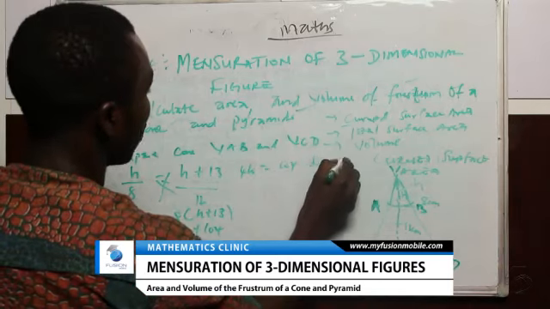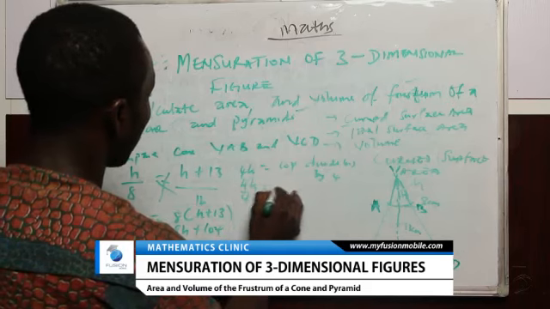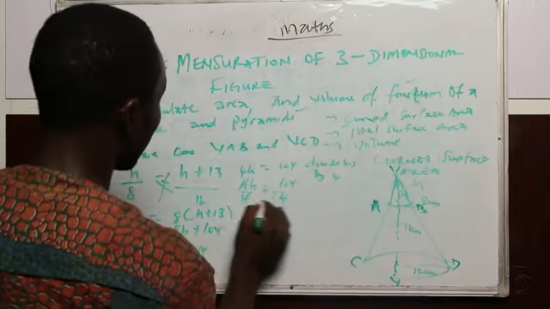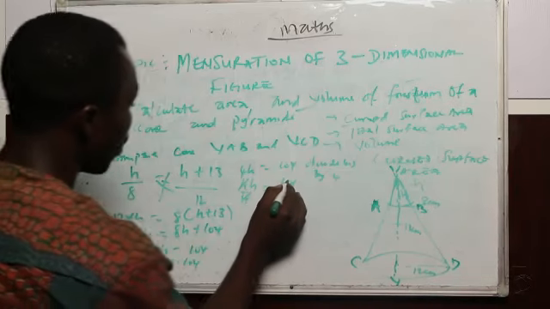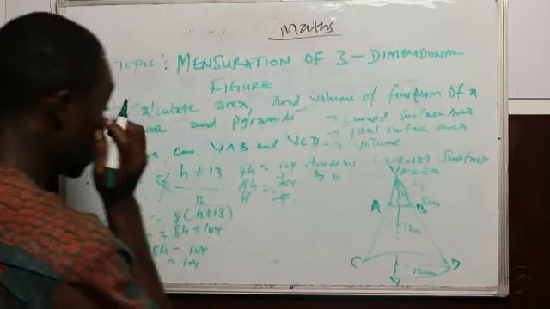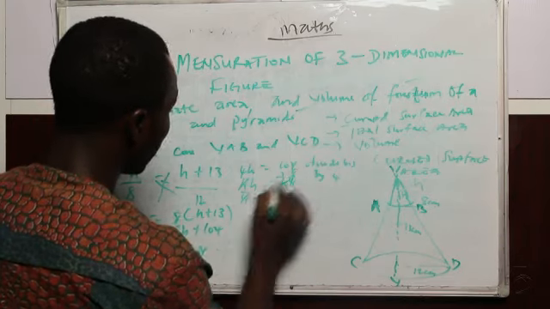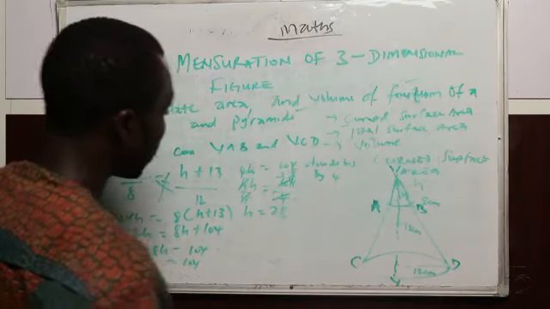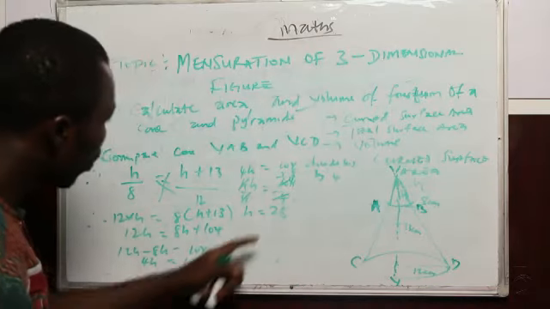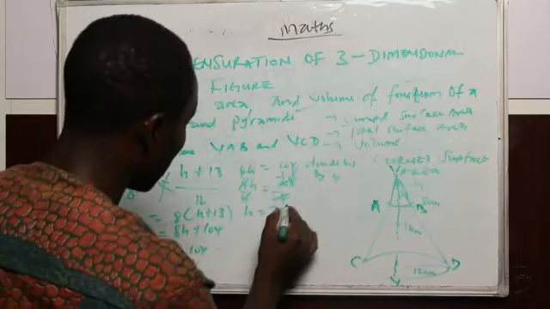Divide both sides by 4. 4H over 4 equal to 104 over 4. So H is equal to 26.